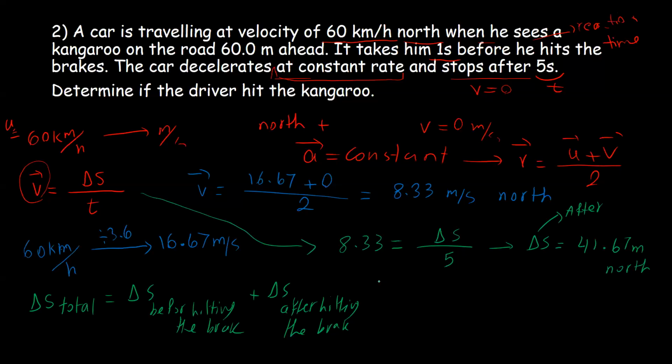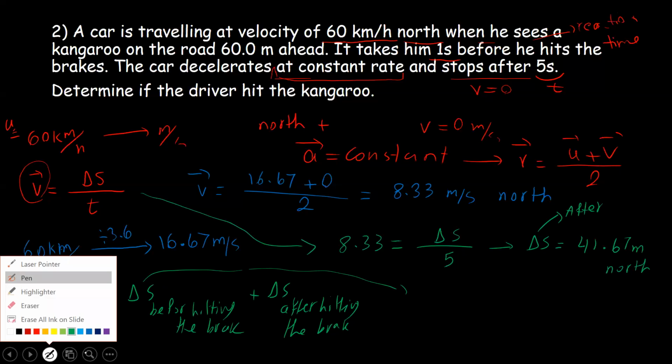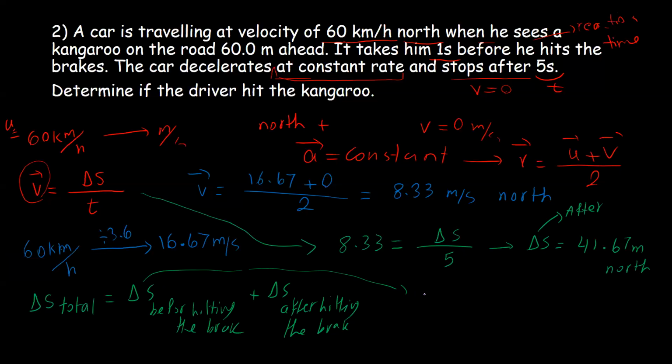The 41.67 is after hitting the brake. But what about before? It was constant speed at 16.67, so I put v equals delta S divided by t, where v was 16.67 and time just 1 second, and I find delta S is equal to 16.67 meters north.